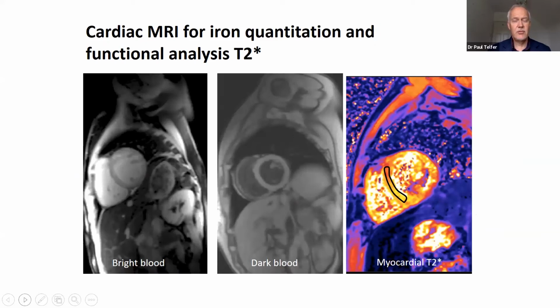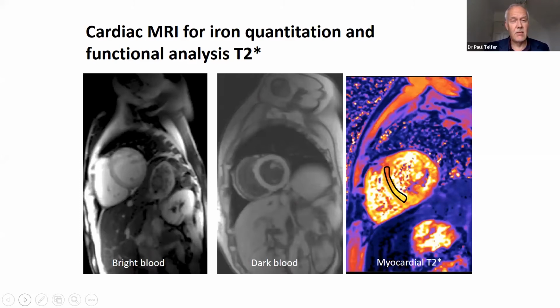So let's talk now about magnetic resonance imaging, and I'm going to start with imaging of the heart. And this, as we've said, the heart is the principal target organ in terms of morbidity and mortality in thalassaemia. Cardiac disease is still the commonest cause of death, and this relates to cardiac iron overload.